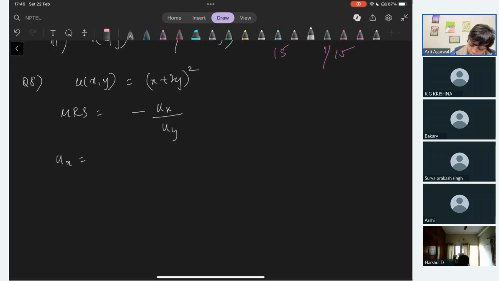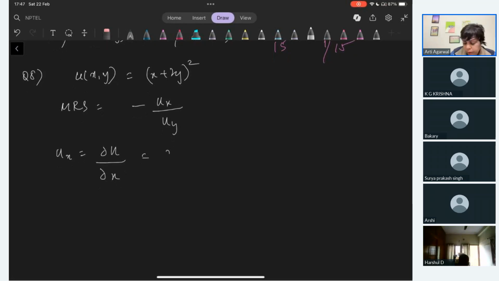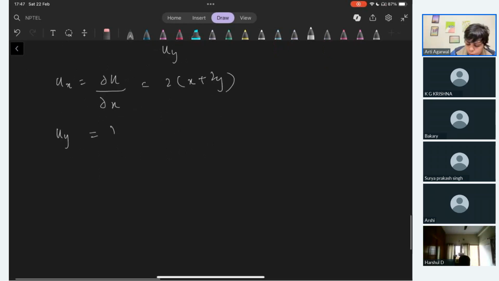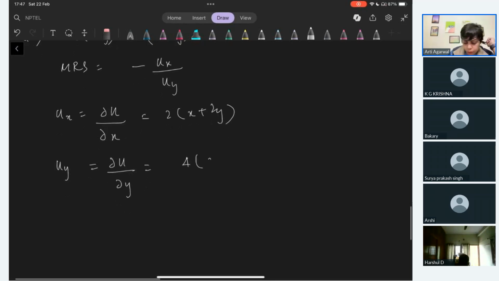Ux is nothing but the partial derivative of the function u with respect to x. That's why we have the subscript small x. So this is nothing but 2 times (x plus 2y), right? And then we take uy, which is del u by del y. You calculate this, 2 comes here and becomes 4, and this becomes (x plus 2y), right?